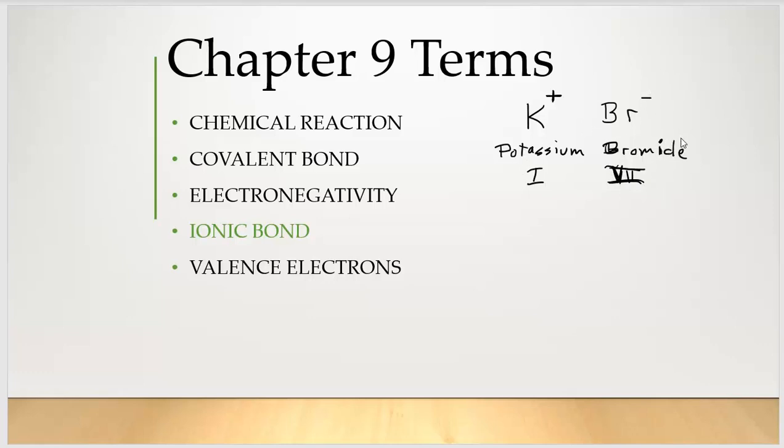We call it bromide because it's part of a molecule. But bromine is very, very close to the noble gases. So that's why we said that it gets that negative charge, right? Now, when we call it potassium bromide, what we've done is we've connected these two together and stated that they are one single molecule.